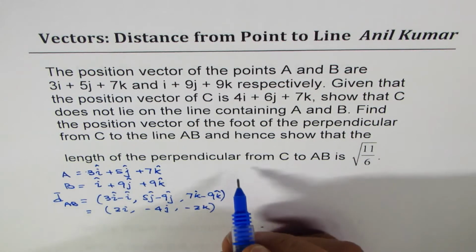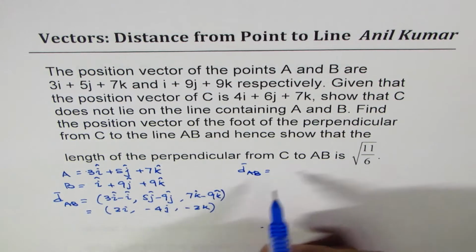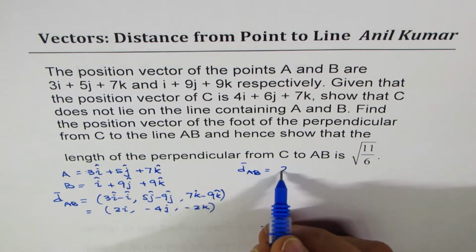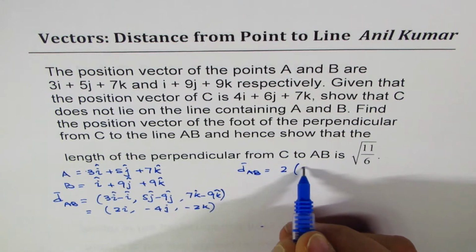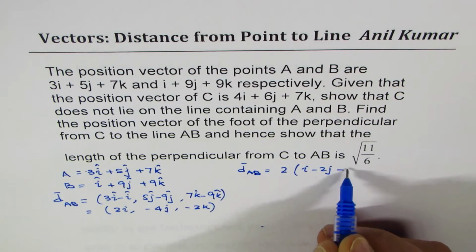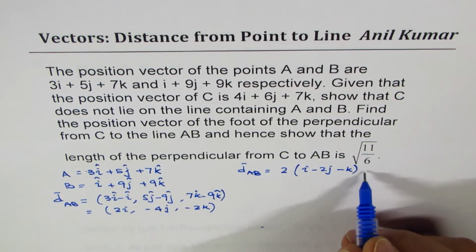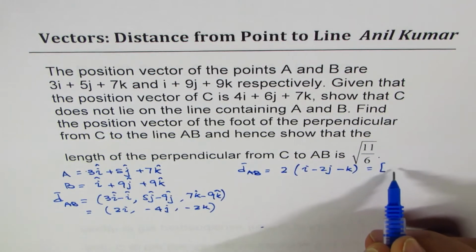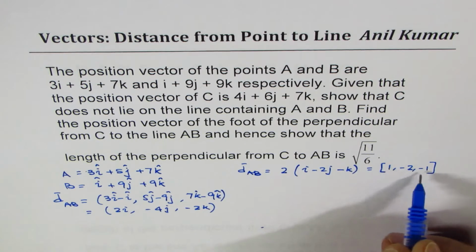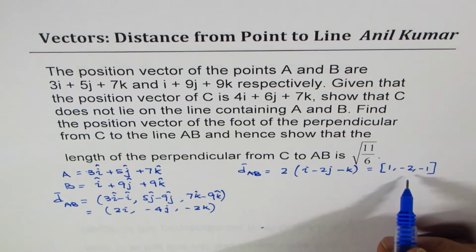So we can write this vector AB as, if I take 2 common, i minus 2j minus k, right? We could also write these directions in the form 1, minus 2, minus 1. Is it okay? So I'll use that form of writing the direction vectors from now onwards.